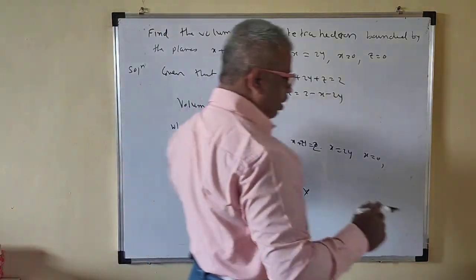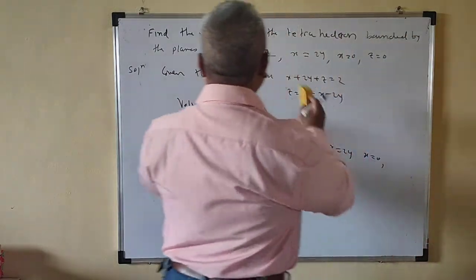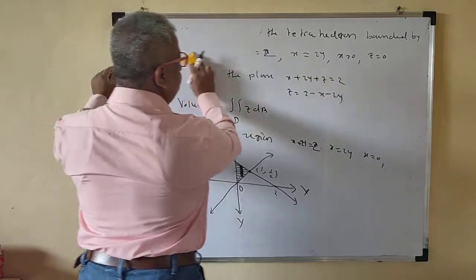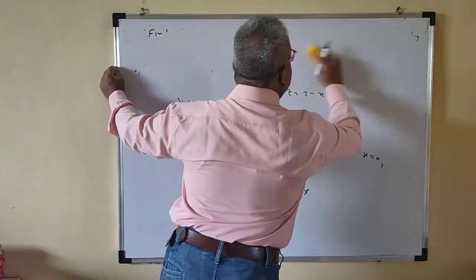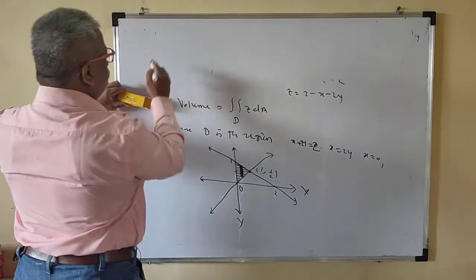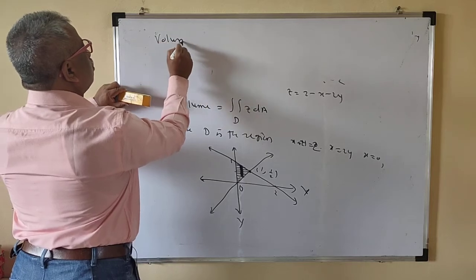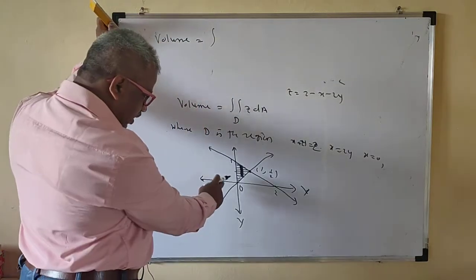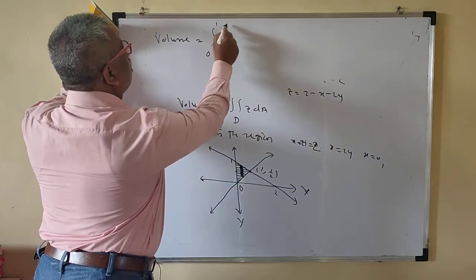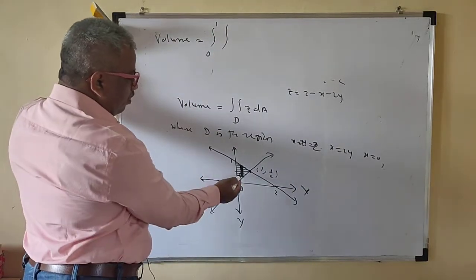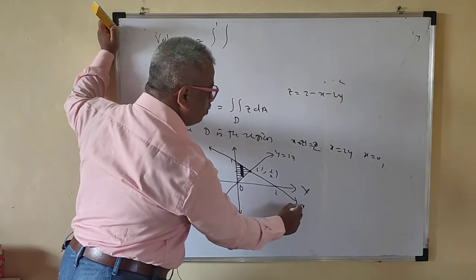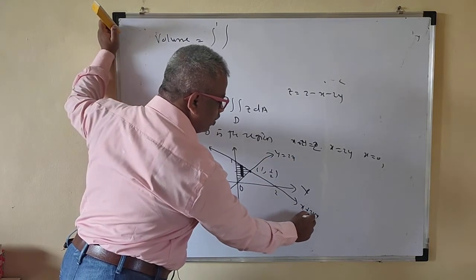Okay, so we'll write the volume now. Volume is equal to the integral. Here the limit of x is 0 to 1. And the limits of y: from the lower curve, this line y is equal to twice x, and y to the upper curve, the line x plus twice y is equal to 2.